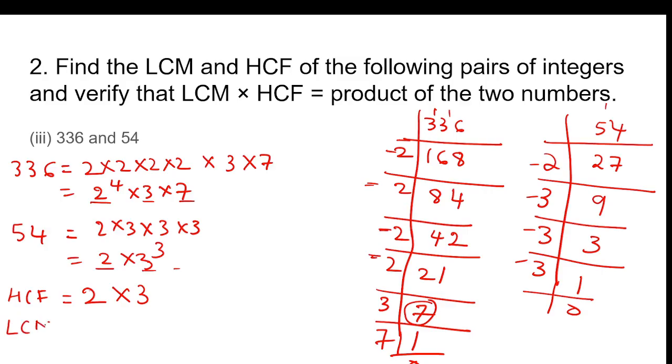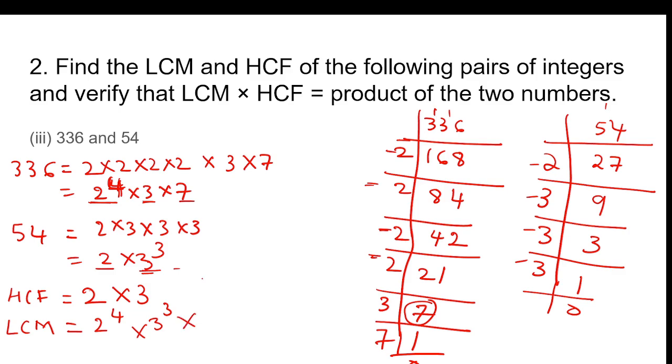But how about my LCM? For my LCM, I should consider the highest power number. So I should consider 2 to the power 4 into, here I should consider 3 to the power 3. Between 3 to the power 1 and 3 to the power 3, I should consider 3 to the power 3, the highest power number.